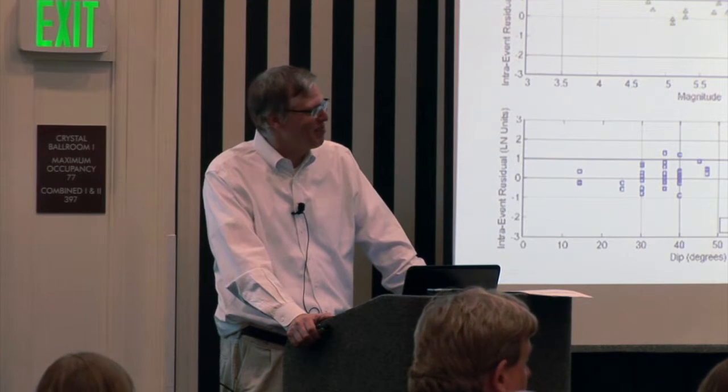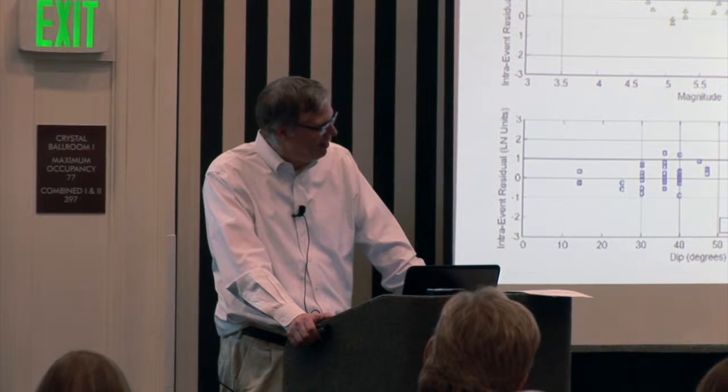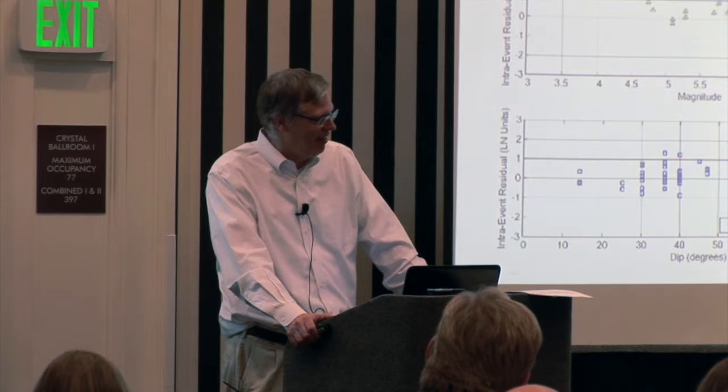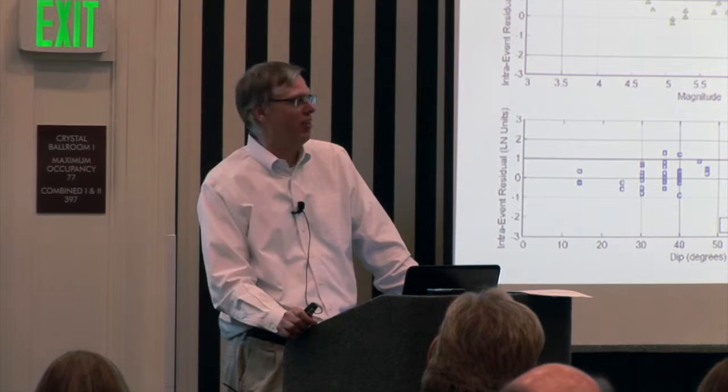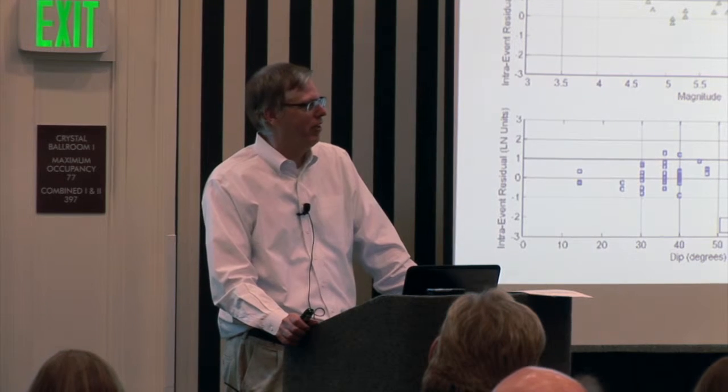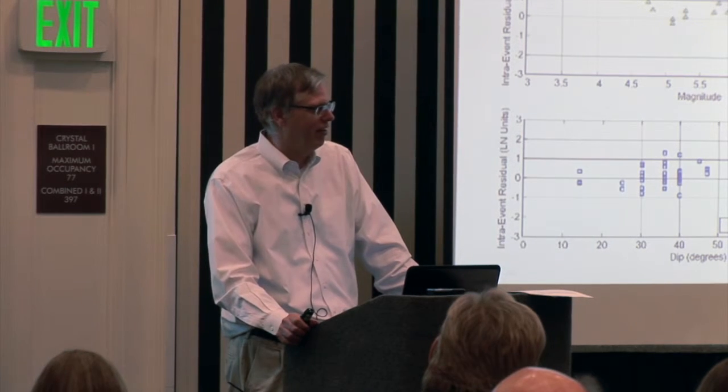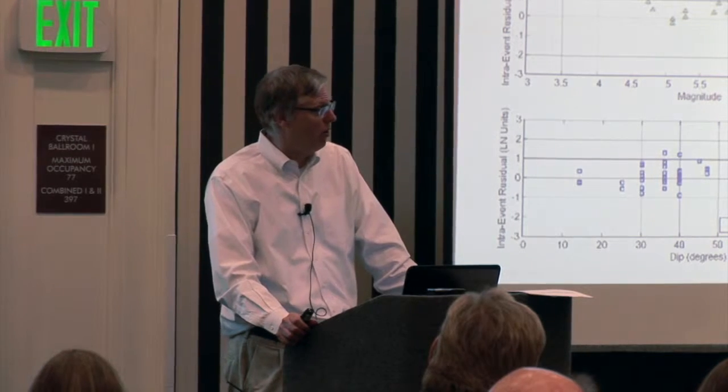On Denali, for example, pump station 10 is close to one segment and it's a different dip, and I went in and changed that on my own model. So that's an undocumented revision. That part of the model had the local angles in there. How about depths to top of rupture?